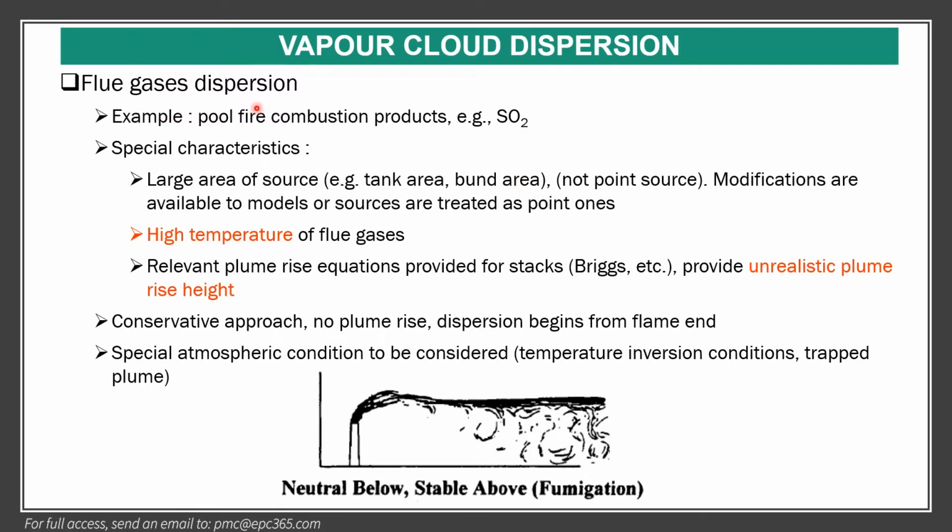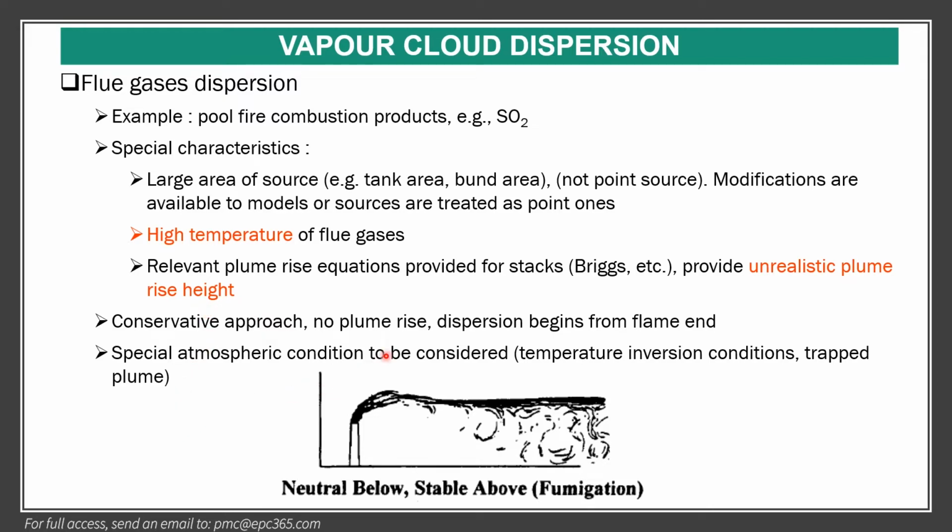For flue gas dispersion, for example pool fire combustion products like SO2, a special characteristic is the large area of the source, such as tank area or bund area, not a point source. Modifications are available to model the source. There is high temperature of flue gases, and the relevant plume rise equation provided for stacks brings uncertainty from plume rise height.